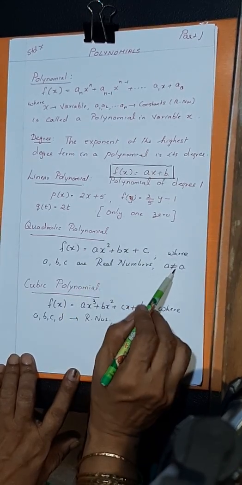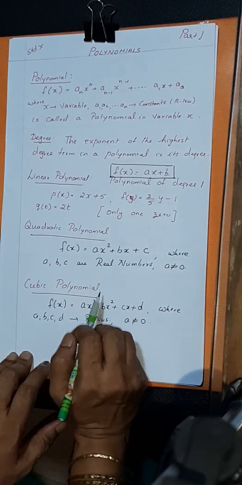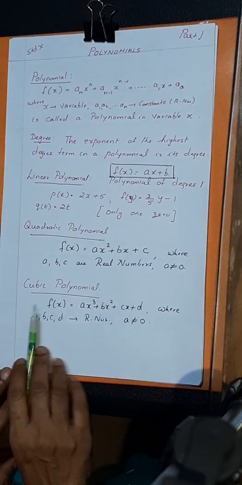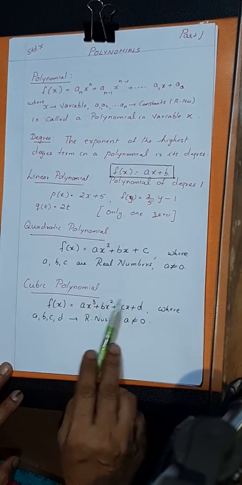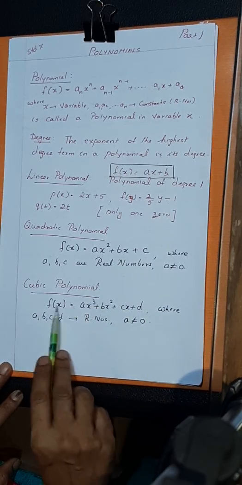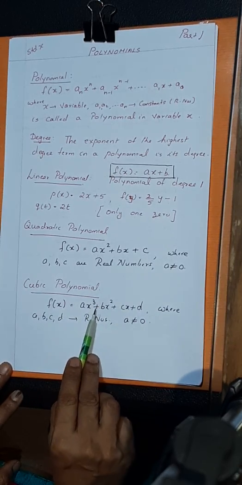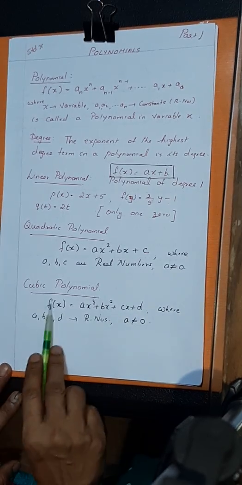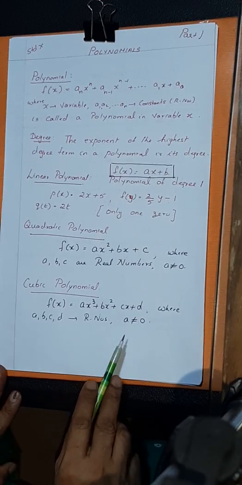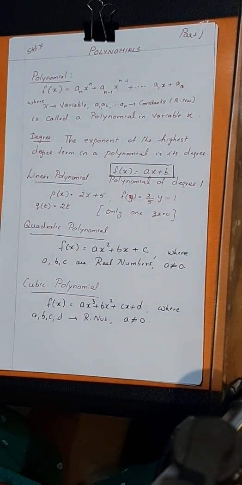So a is not equal to 0. Now a cubic polynomial has degree 3. The general format is ax cube plus bx squared plus cx plus d, where a, b, c, d are real numbers and a is not equal to 0.